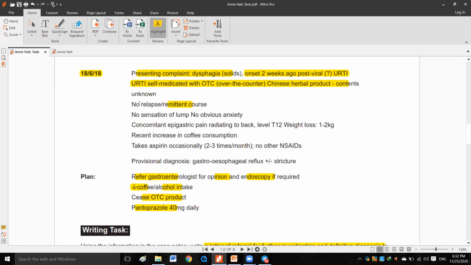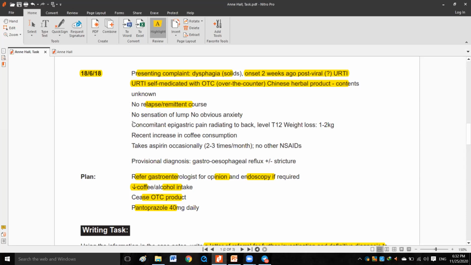No sensation of lump, no relapse, no remittent course. So the course, the progression of this condition, is constant.